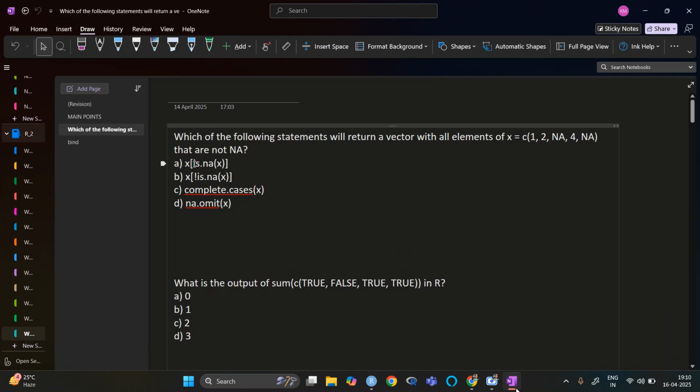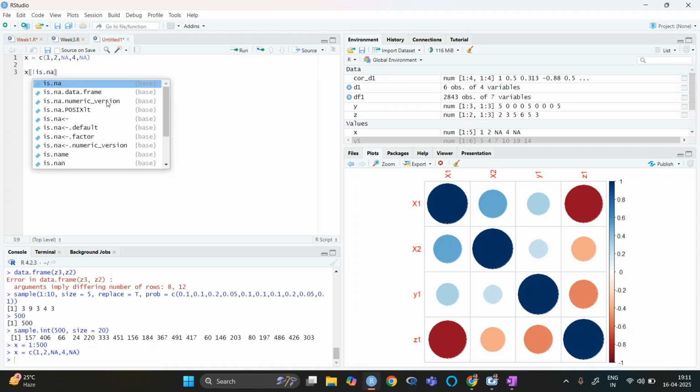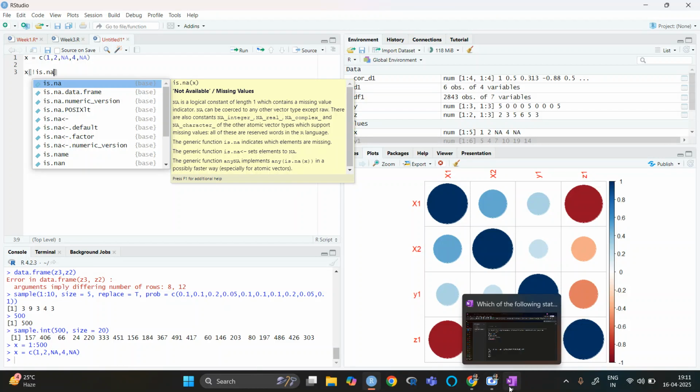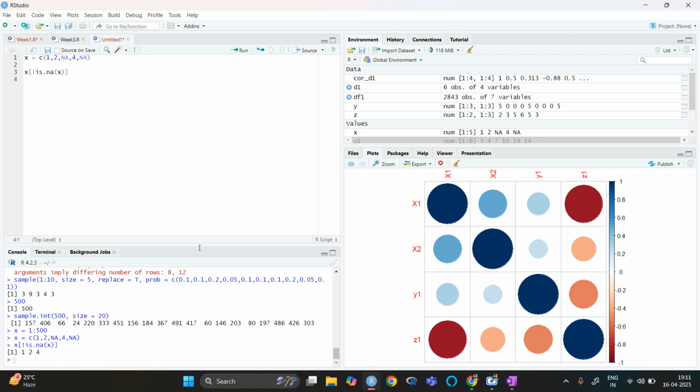Yes. So is.na will give me which are NA, right? We want which are not NA. So for that we use this command, the not. If I write !is.na(x), it will give me which are not NA.